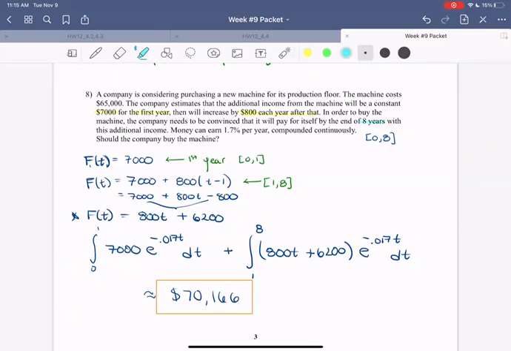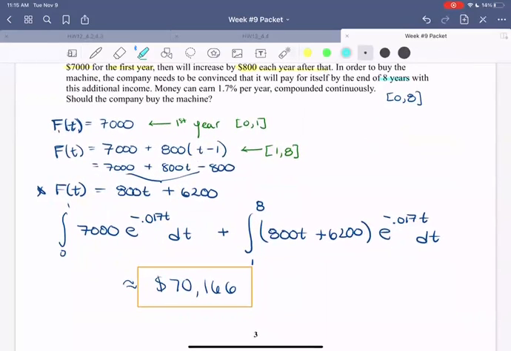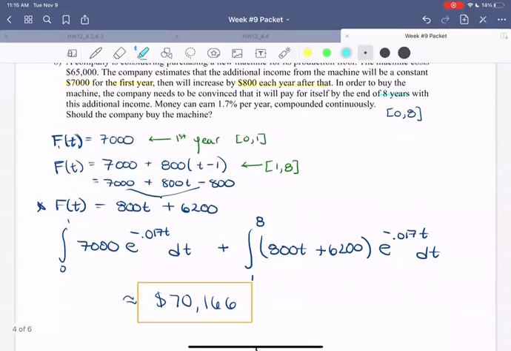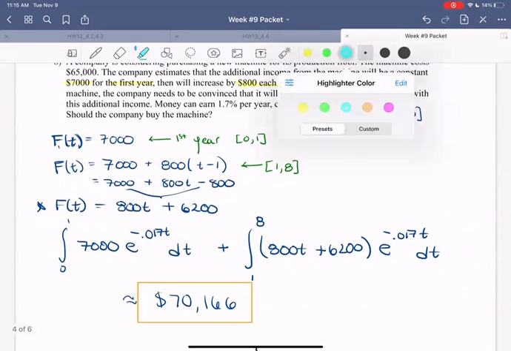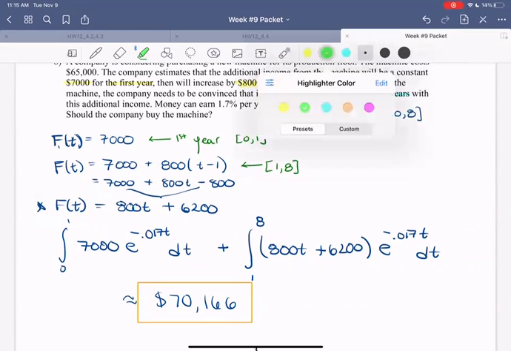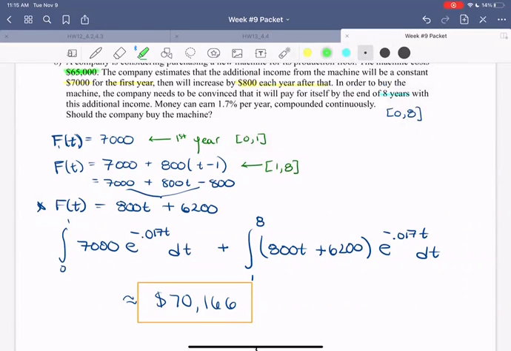So is it worth it then to buy the machine? The machine itself costs, I'll highlight here, $65,000. In 8 years, the machine will have brought in $70,000. So yes, it seems like it would be worth it.